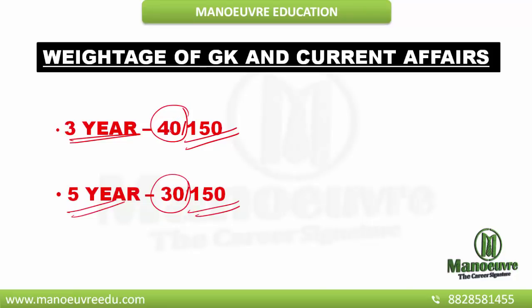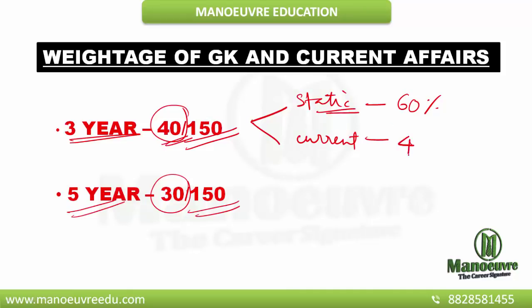If we divide this into static GK and current affairs, then for the 3-year course the bifurcation is going to be somewhere like 60% of the paper, out of these 40 marks, dedicated to static content and 40% having current affairs questions.